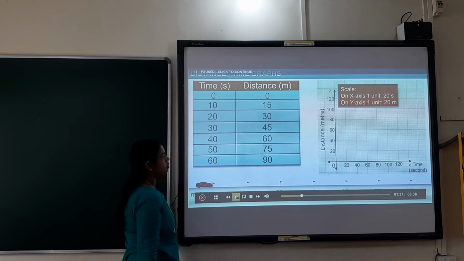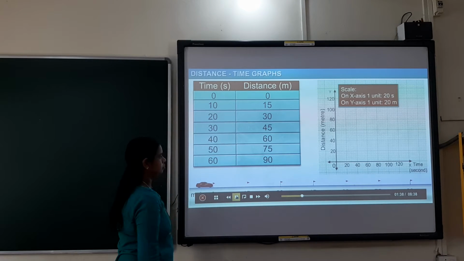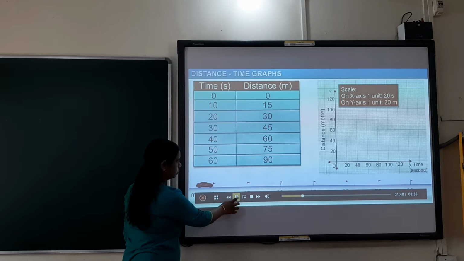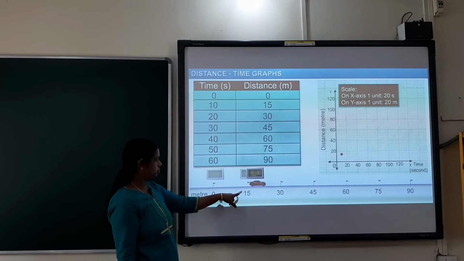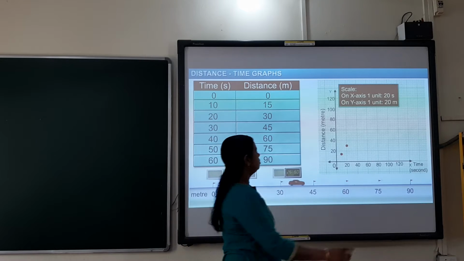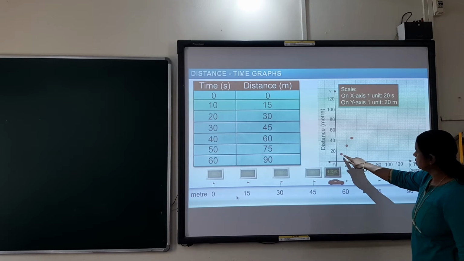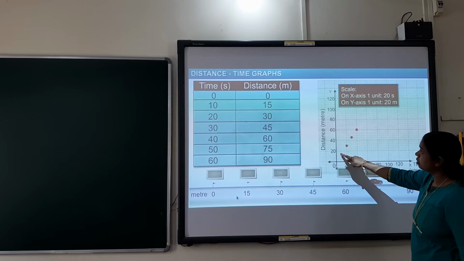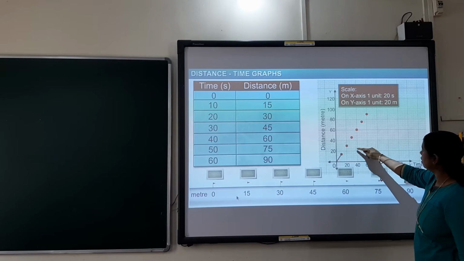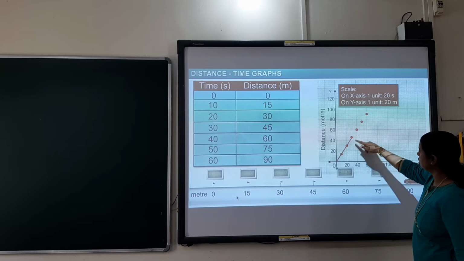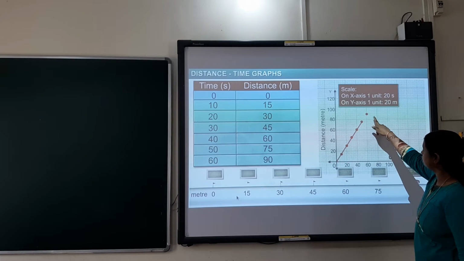We can plot the graph. Then the car is moving. You see here at 10, 15, 20 is 30, 4. The next one is 40, 60. Then we can join the graph.